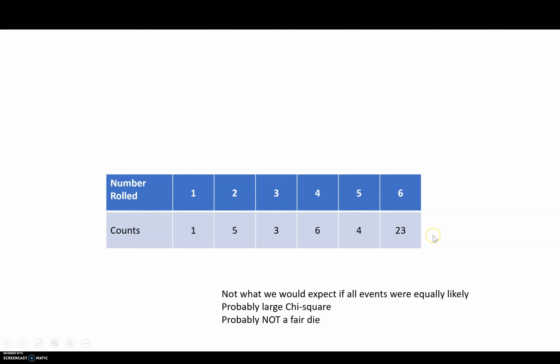I don't know if this actually adds up to 20 or up to 60, but it's going to be the same number across all of these, and this is going to differ from that substantially. And so this is going to be a big difference, and it's going to add to the size of the chi-square. So you probably get a large chi-square here, probably get a low p-value, and you probably reject the null hypothesis that all of these are the same, that it's independent of which number, and it's probably not a fair die.